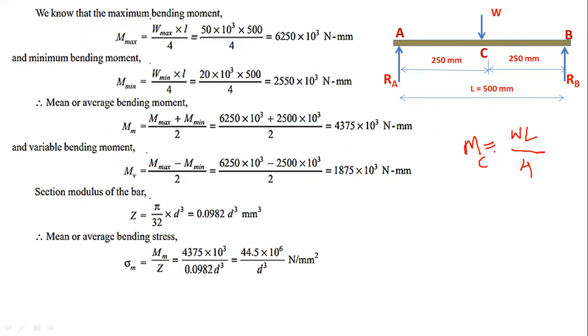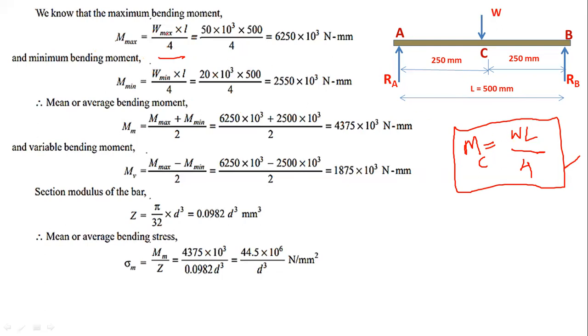This is the formula for bending moment at the center of the beam. By using this equation, we have to identify the maximum and minimum bending moments. For determining the maximum bending moment, you have to substitute the value of maximum load in this equation.